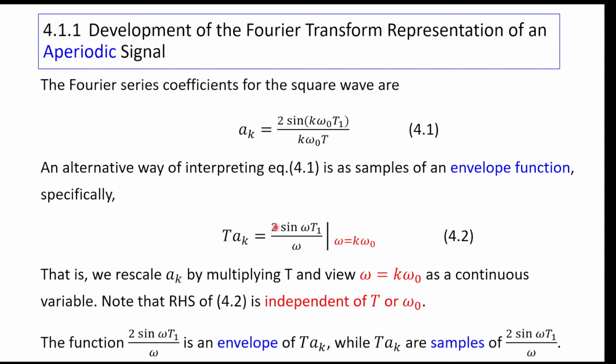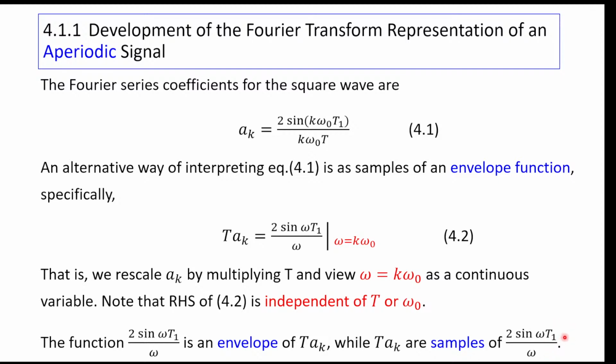What changes is that T gets larger and you are sampling with a smaller omega naught. Each a_k is at a different k omega naught, but the function itself doesn't change. So we can think of this as the envelope of T a_k, and T a_k samples this 2 sine omega T1 over omega.